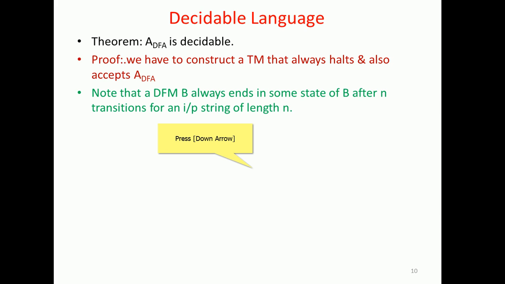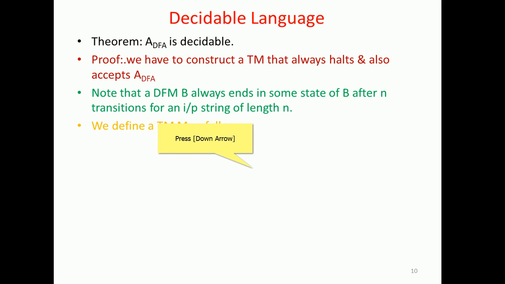So for a string W of length n, after n transitions it ends with that string. So that is a deterministic finite model. The B always ends in some state.